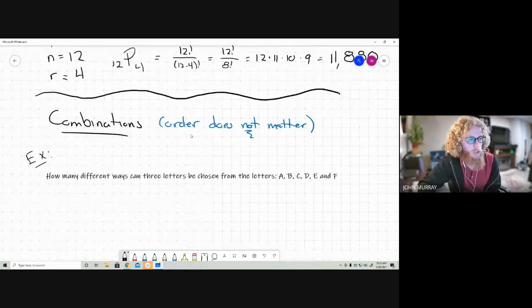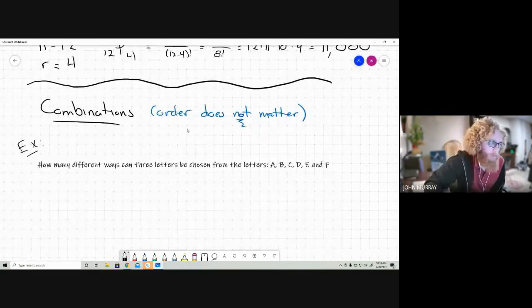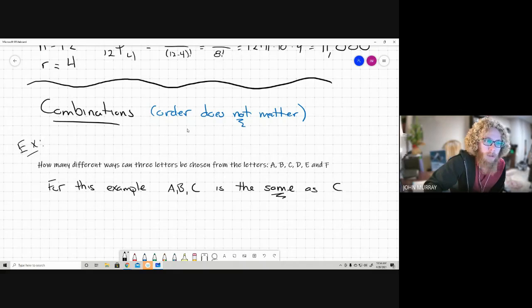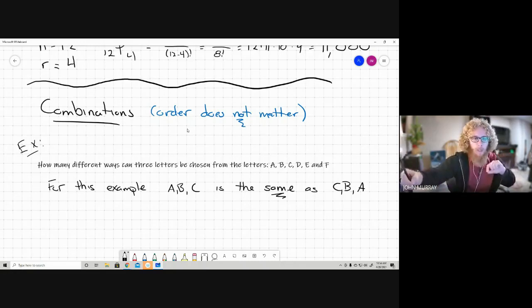It doesn't matter if A is first or last. All right, so in this case, if I picked A, B, C, it's the same as I picked CBA. Okay, it didn't matter what order I picked it in.